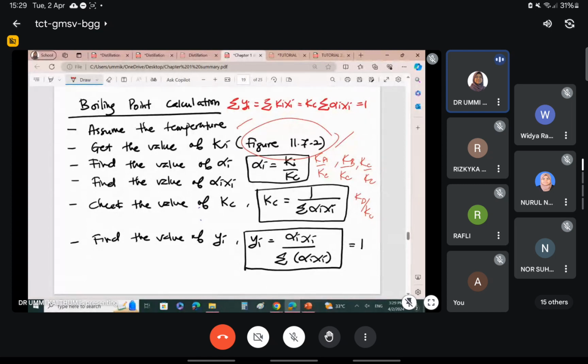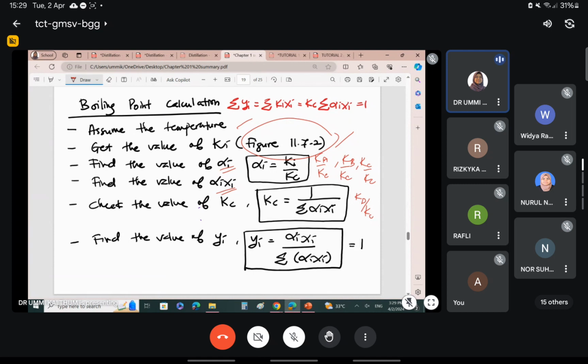So after getting the value of alpha, multiply with the mole fraction, alpha i xi, and then get the value of Kc. Kc is 1 over the summation of alpha i xi.